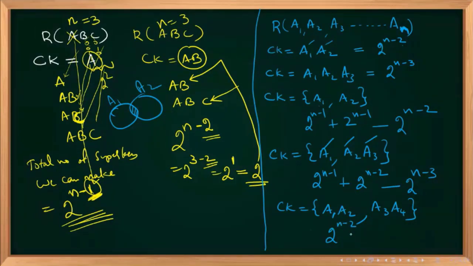Yes. Ria is giving the correct answer. 2 power n minus 2 plus 2 power n minus 2 minus 2 power n minus 4. Vishnu, Adira and Geetu are giving the correct answer. So 2 power n minus 4. N minus 2 came from these two. Okay, n minus 4 came from A1, A2, A3, A4. 4 attributes are there, that's why this 4.